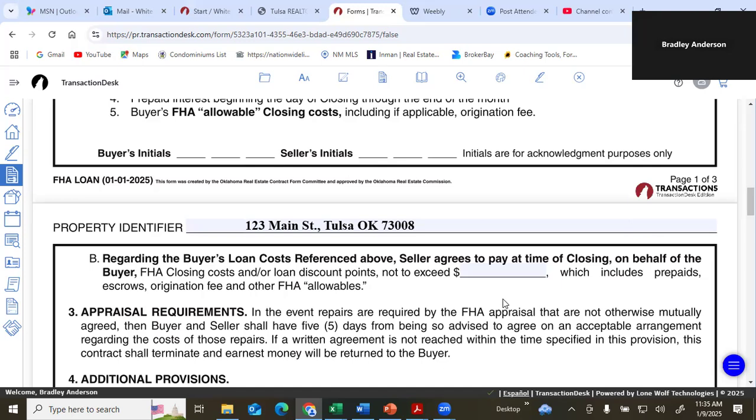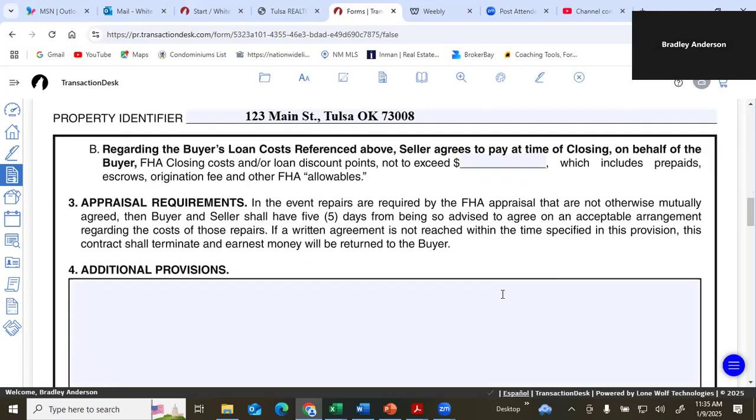All right, then it goes on to say appraisal requirements. And so basically this says that if the sales price in my example is $400,000 and the appraisal comes back and it's 380, well, then the contract is null and void, and the earnest money can be refunded to the buyer.